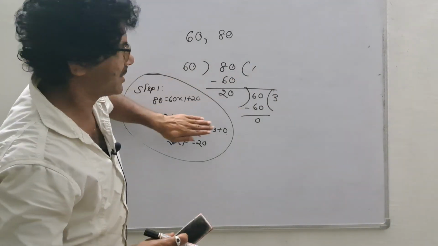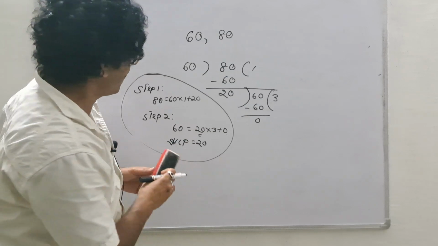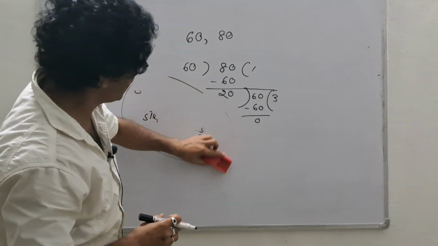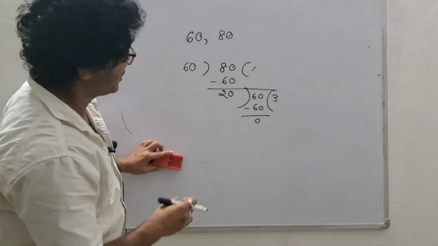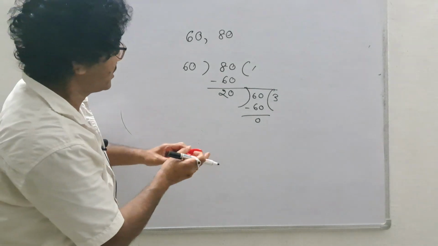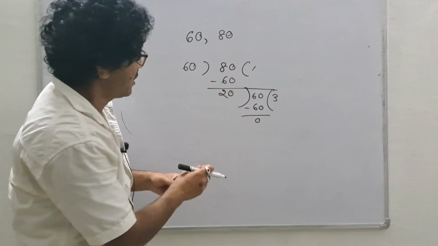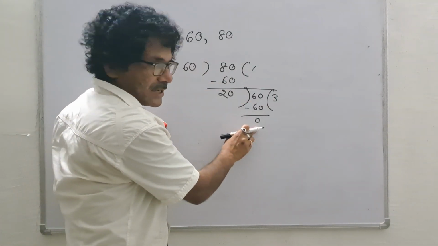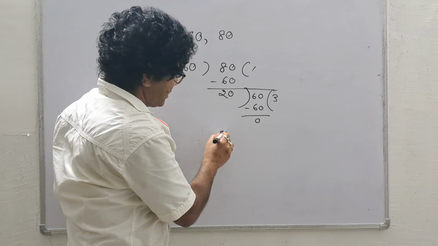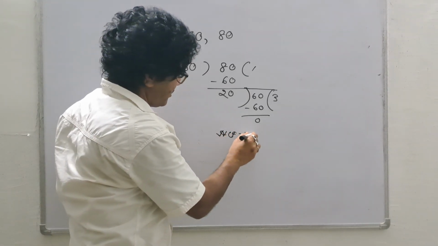Now for this divisor the remainder is 0, so this divisor is the HCF.